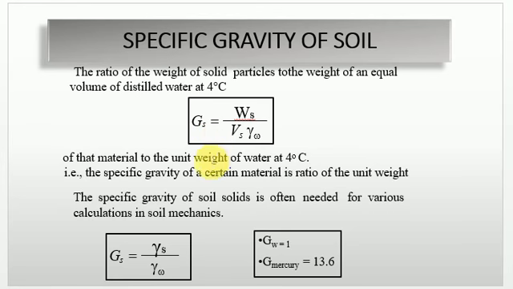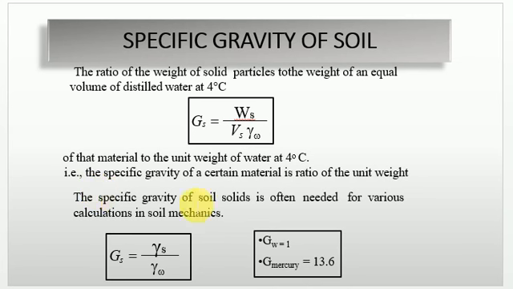Capital G is the notation of specific gravity. The equation of specific gravity is weight of solid upon volume of solid into gamma W, that is, the unit weight of that material to the unit weight of water at 4 degrees centigrade.